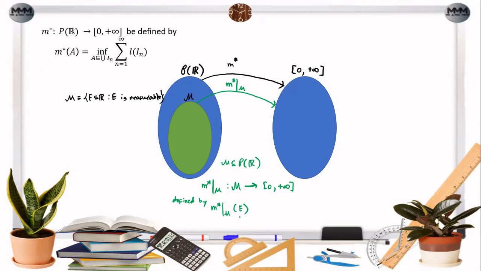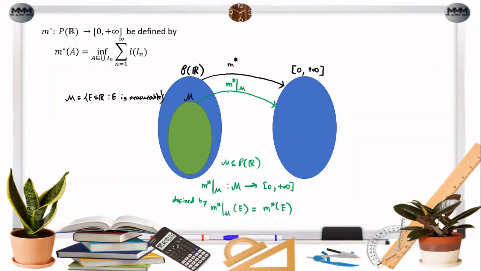So here, E is measurable. It means E is an element of script M. So this is equal to m star of E. This is the definition of our function obtained from m star.